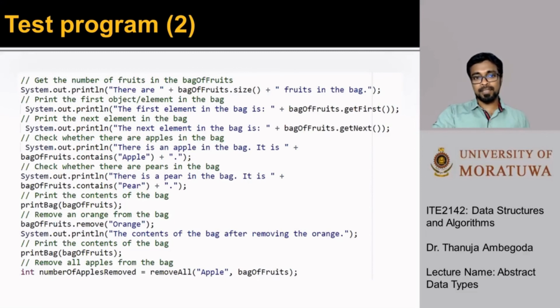Let's check whether there's an apple in the bag: true or false? If you type bag of fruits dot contains, it returns true if there is an apple, and if there's no apple, it will return false. If you do the same with pears, contains. You could remove something from the bag using the remove method.